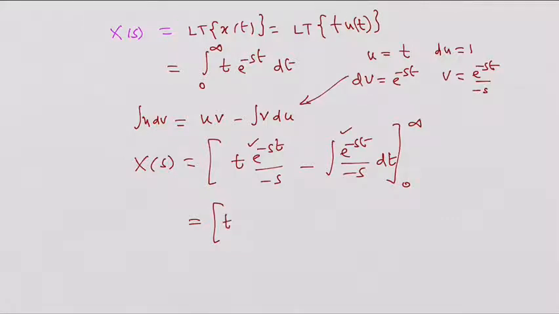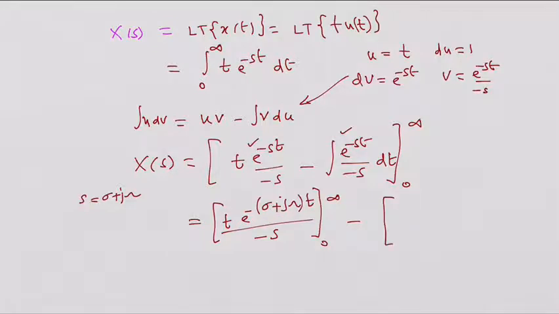T into e power minus st, and s can also be converted into sigma plus j omega. What is s? s is equal to sigma plus j omega. So when you substitute it, it will become e power minus sigma plus j omega into t divided by minus s, with the same lower and upper limits 0 to infinity.